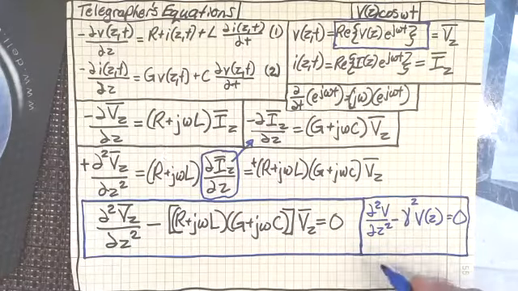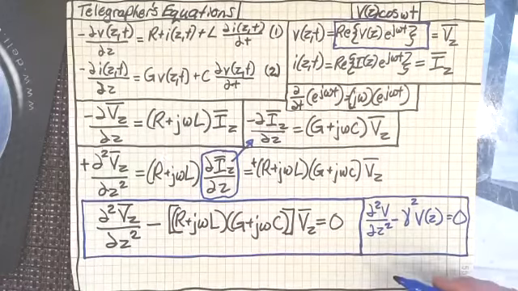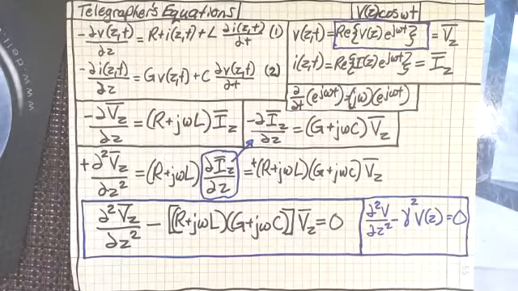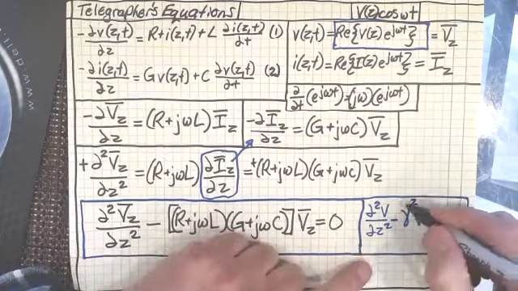That's right, that's the wave equation. That's the wave equation, and that means that this thing right here is going to be a complex constant.